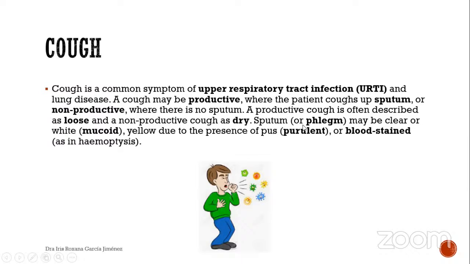Sputum or phlegm may be clear or white, called mucoid, yellow due to the presence of pus, purulent, or blood-stained, as in hemoptysis. Hemoptysis, I'm sorry.